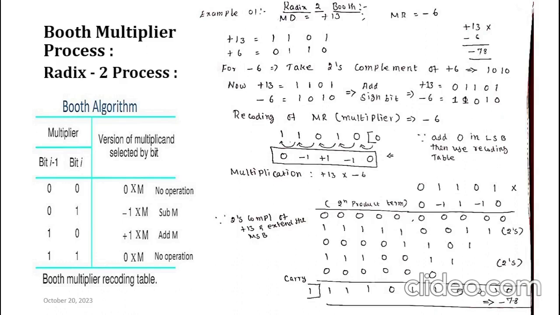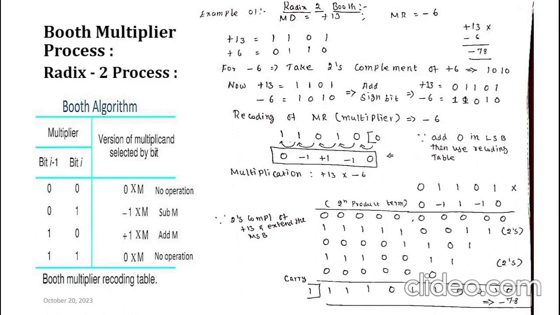Next we are going to reduce the multiplier bits. That is what Booth algorithm does. So we are going to reduce -6. For -6 I am writing the bit value 11010. As I told before, before going for the reduction you have to add a 0 in the LSB. That is why I am adding a 0.